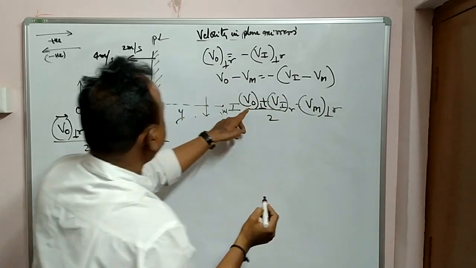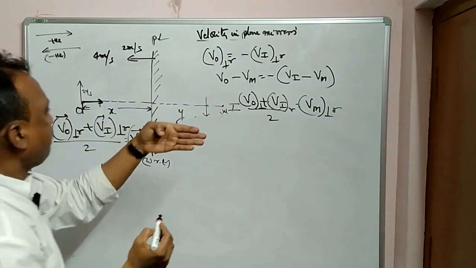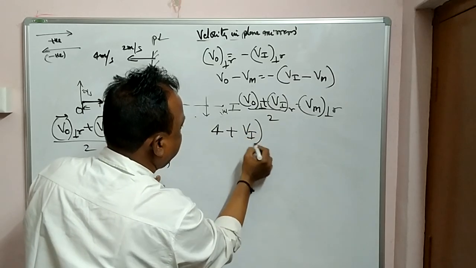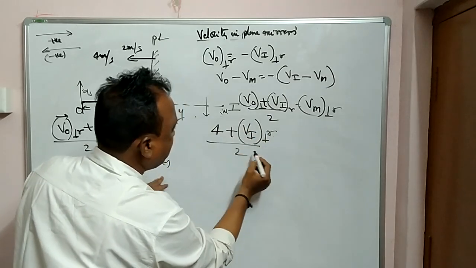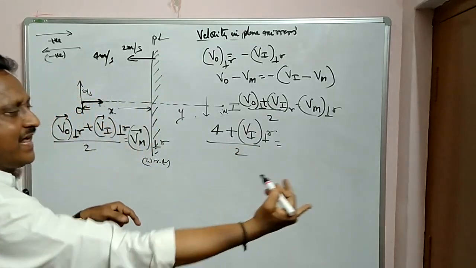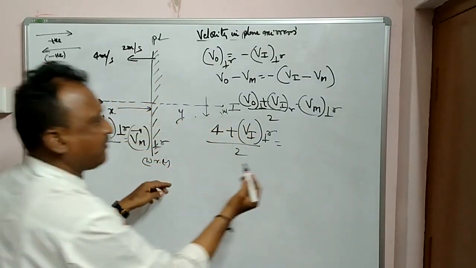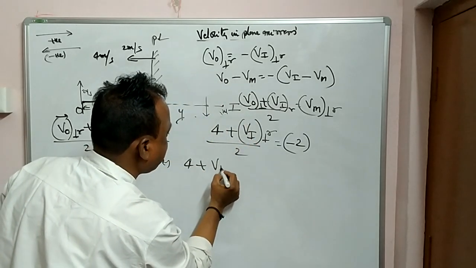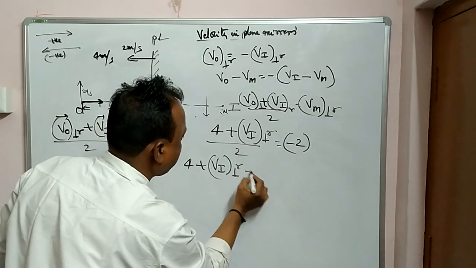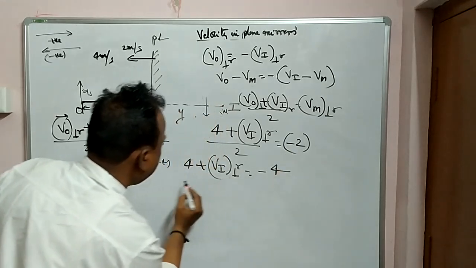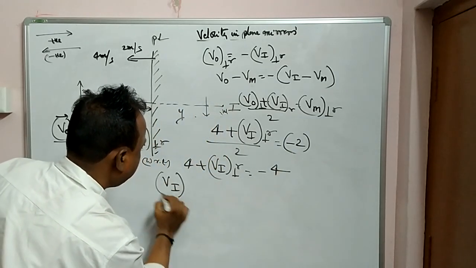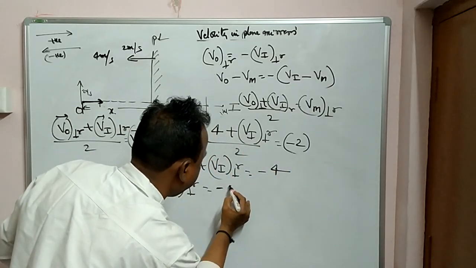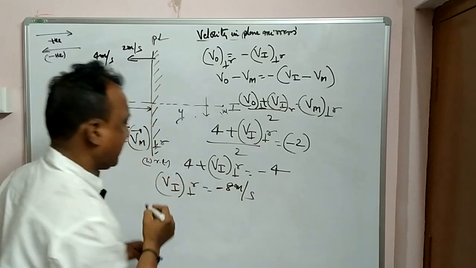The velocity of the object I was given is in this direction, 4 meters, so plus 4, plus the velocity of the image perpendicular, which I don't know and have to calculate, by 2 is equal to the velocity of the mirror. The mirror is going in this direction at 2 meters, so minus 2. Therefore 4 plus the velocity of the image perpendicular is equal to 2 into minus 2, that is minus 4. Therefore the velocity of the image in the perpendicular direction is minus 8 meters per second.